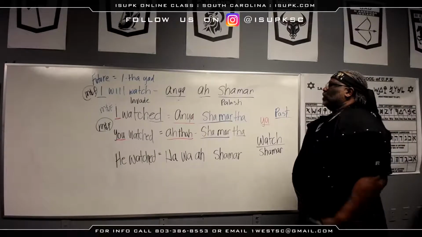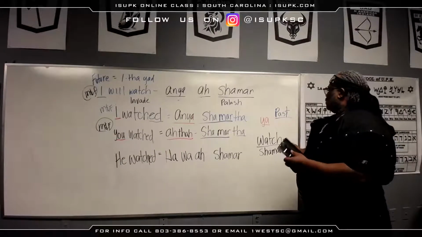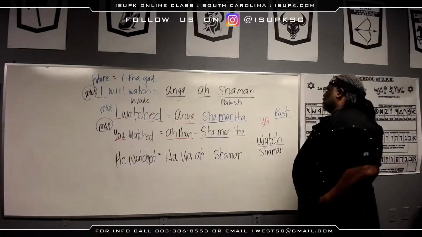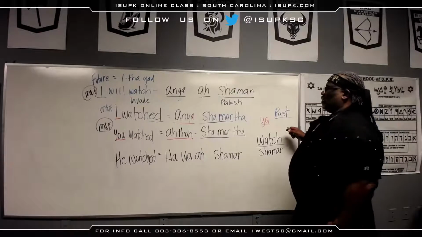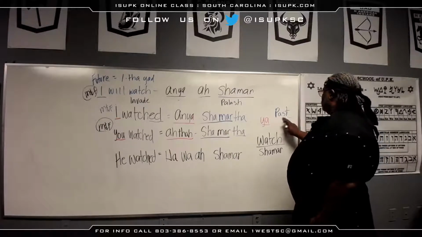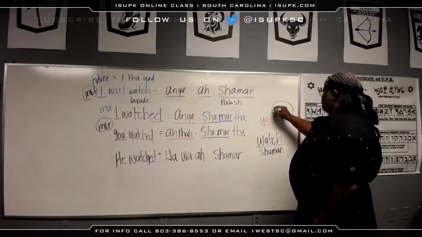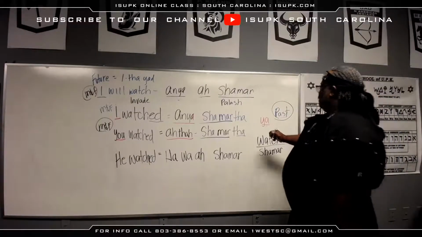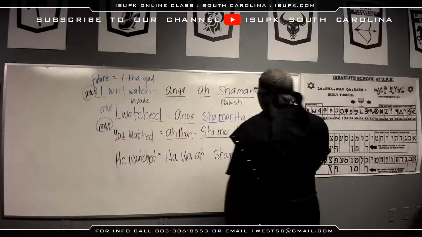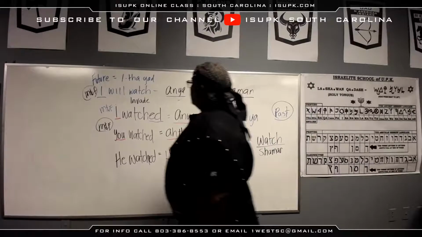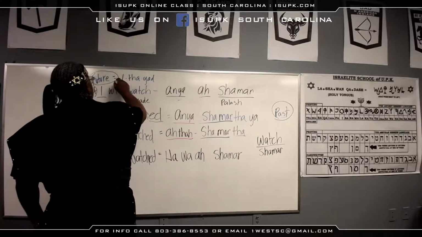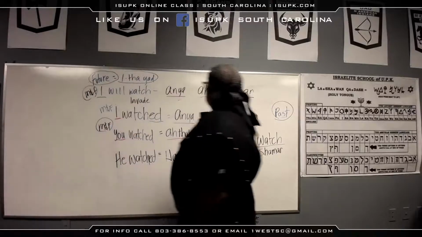Okay? So now we have, if you notice, we have went over the future, the present, the past right here. Yeah, the past. Right there. The past. And, of course, we went over the future, which means ayatad for future.